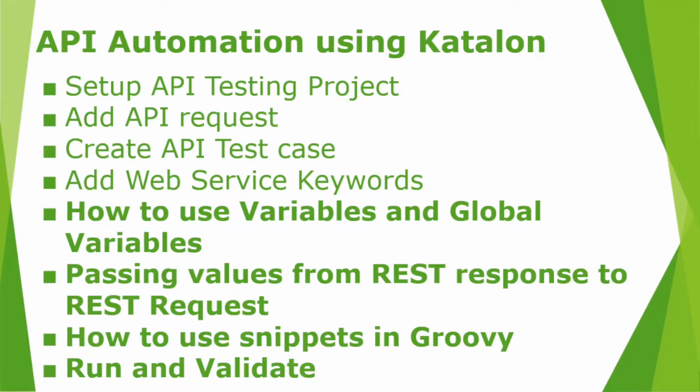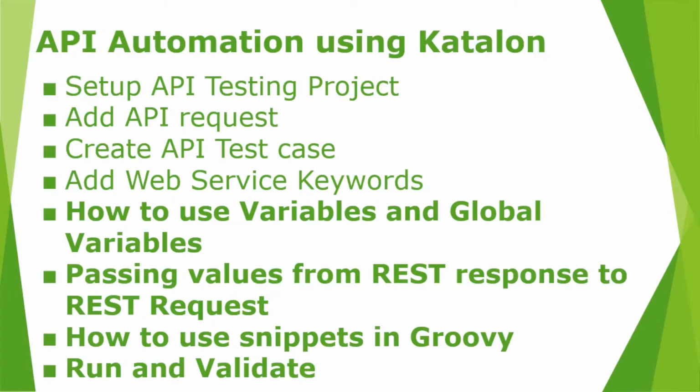That means, let's assume you have one REST request where you sent a request and got the response. Now from the response, I want to use one of the elements of the response in the upcoming REST request message. Basically, you are passing the values from a response to a request message.